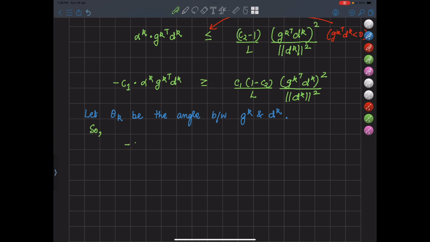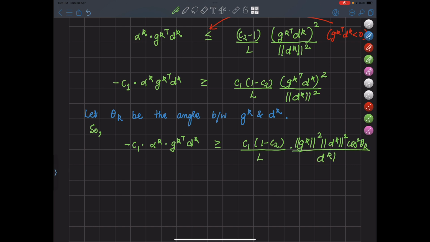It will be written as minus C1 alpha_k g_k transpose d_k is greater than or equal to C1 (1 minus C2) divided by L, and this can be written as norm of g_k squared, norm of d_k squared, cos squared theta_k, upon norm of d_k squared. So this gets cancelled. All right.